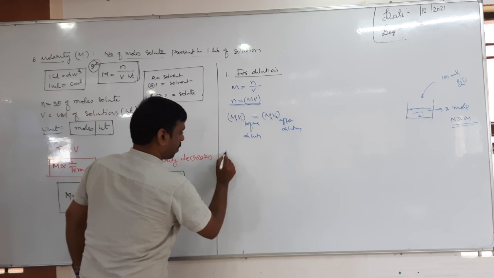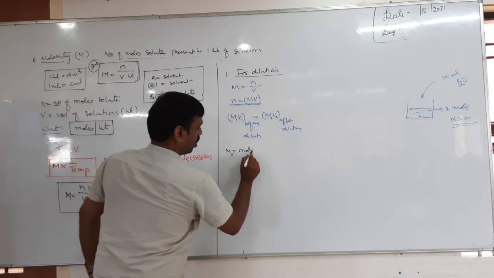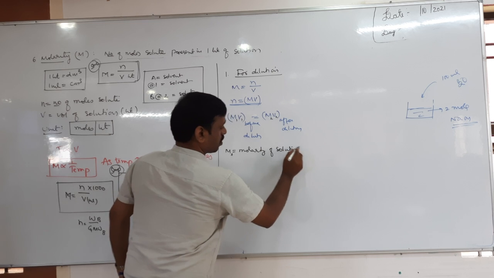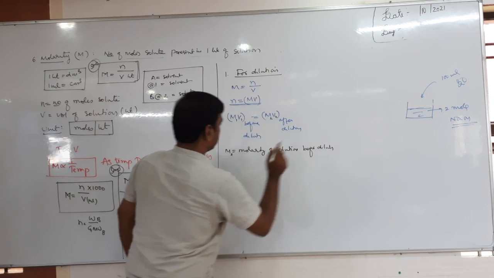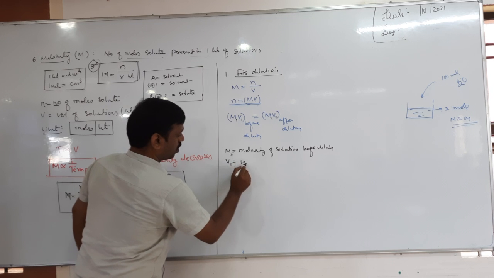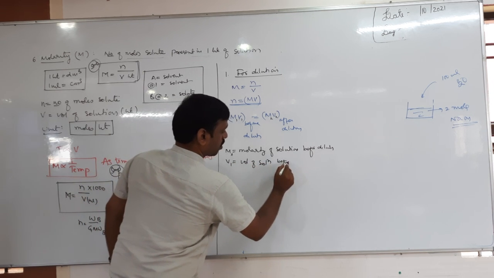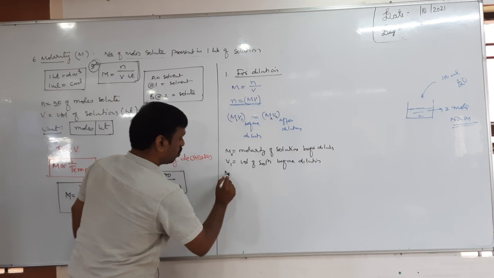So therefore, M1 equals the molarity of the solution before dilution, and V1 is the volume of the solution, also before dilution. M2 equals what?